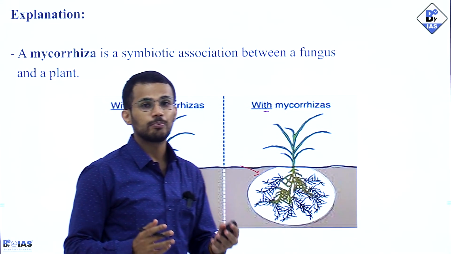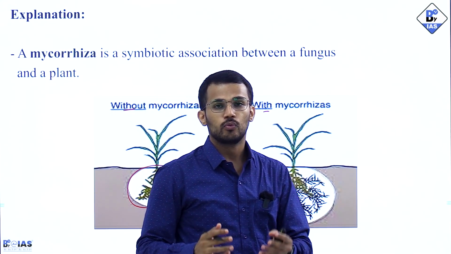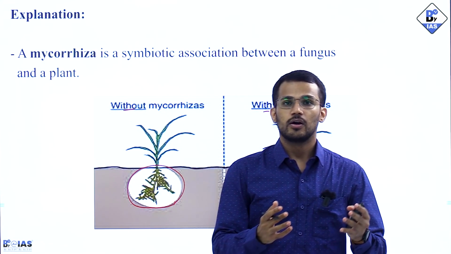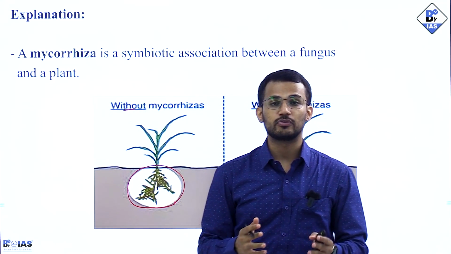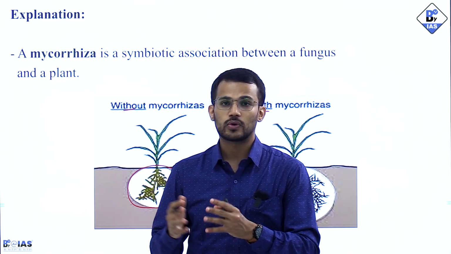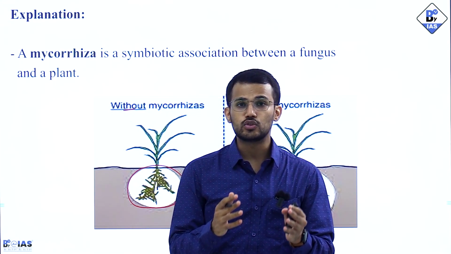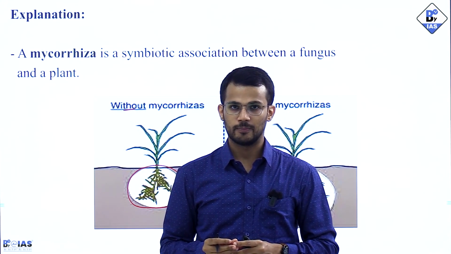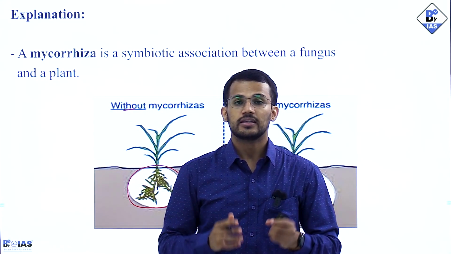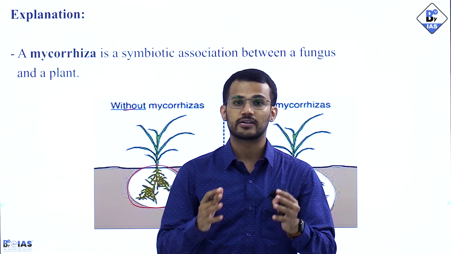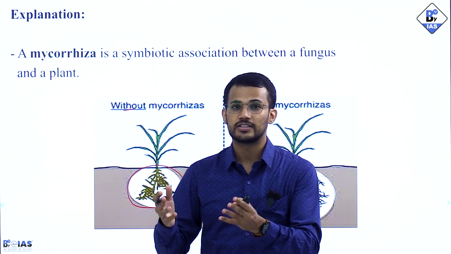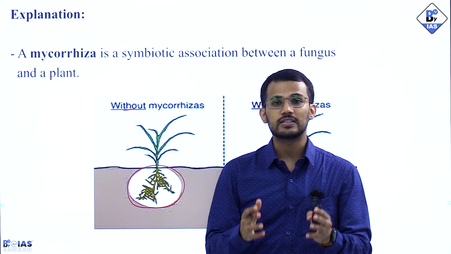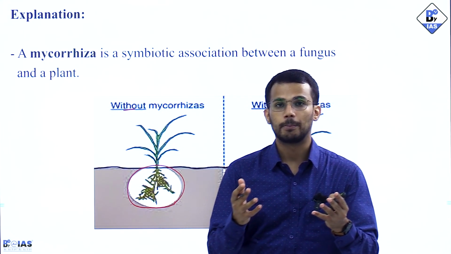Right? So what happens with mycorrhizae? With mycorrhizae, which is a symbiotic association between plant and mycorrhizae fungus, it leads to increase in the absorptive area. And as a result, there are several benefits that are received by the plant species. Also, the fungus receives benefit because it is getting food from plants.